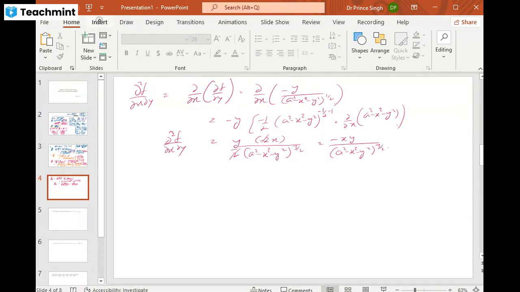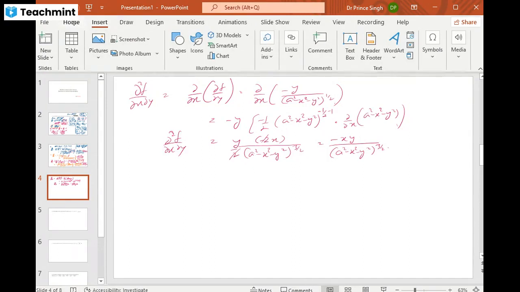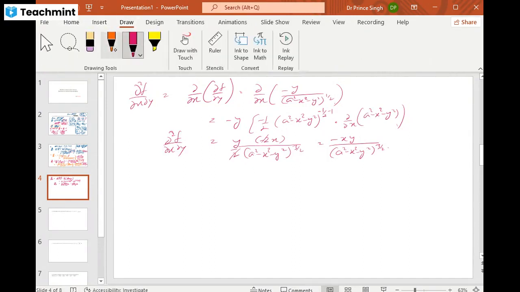Now we are going to calculate r, t and s. So what is r? r is ∂²f/∂x² at the point (a, b), which is (0, 0). So this is the limit as (x, y) tends to (0, 0).